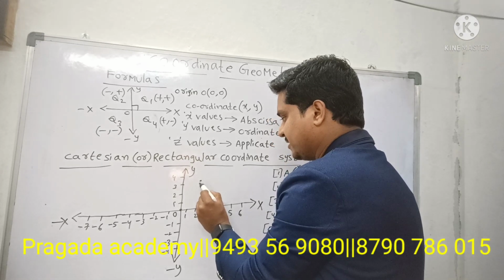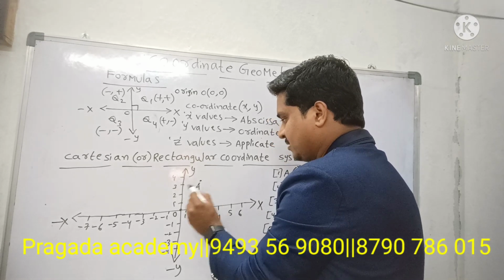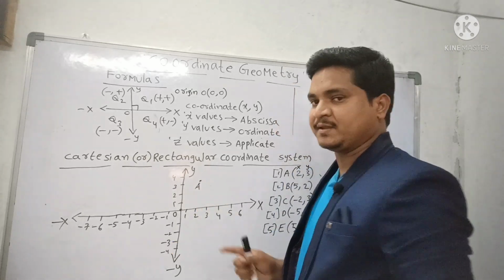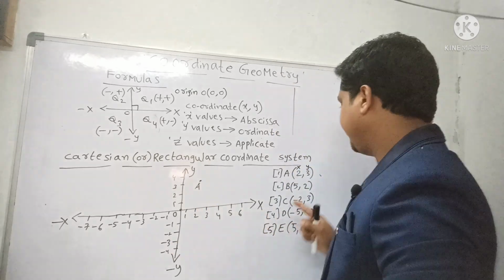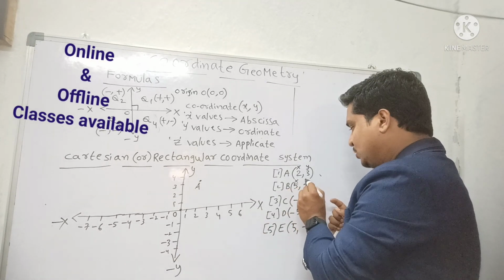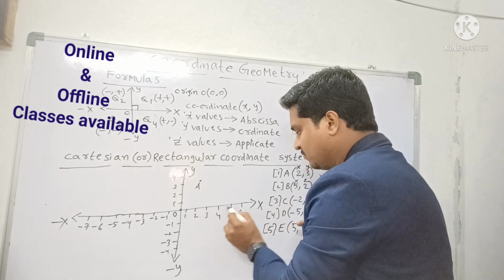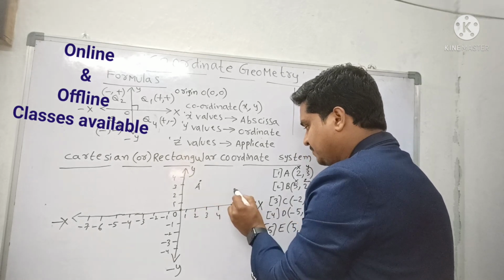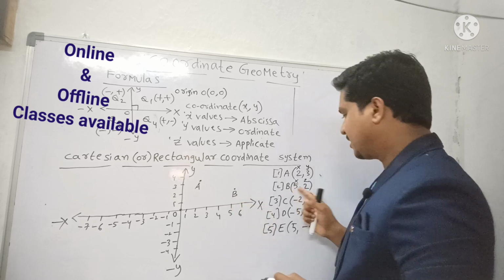So you can represent the point A on the Cartesian system. Next, point B will be 5 comma 2, x value 5 and y value 2. So you can represent the B point here.